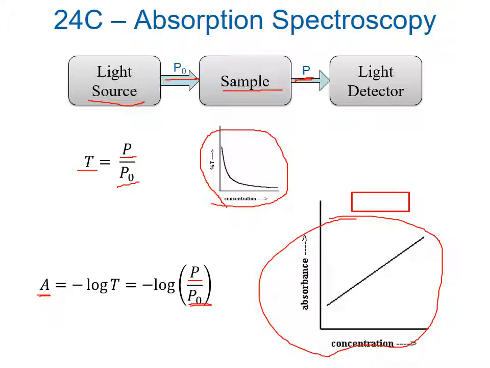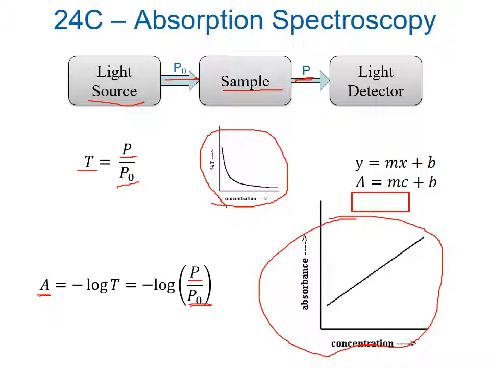We can look at the slope of that. The line is going to be in the form y equals mx plus b, and we can change that so that the y is absorbance and the x is c for concentration. That makes a lot of sense. Our y is obviously absorbance, on the y-axis, and our concentration is on the x-axis.